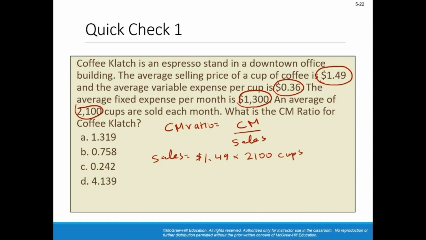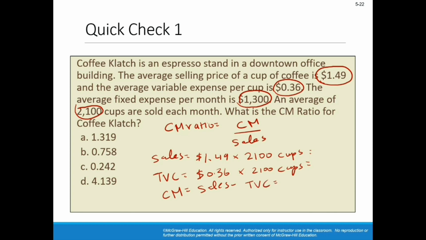And I know that my total variable cost is equal to $0.36 multiplied by the same number of cups. From that, I can get my CM, which is equal to sales minus total variable cost.